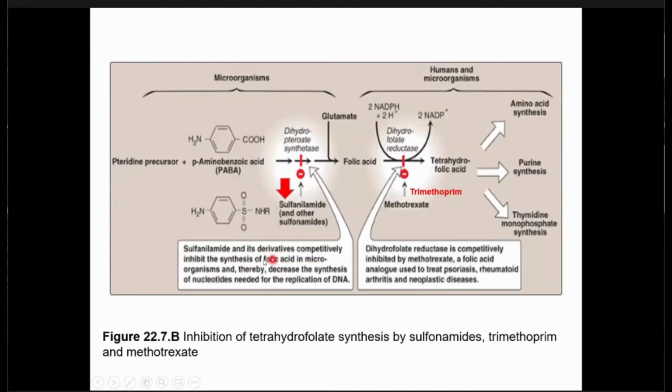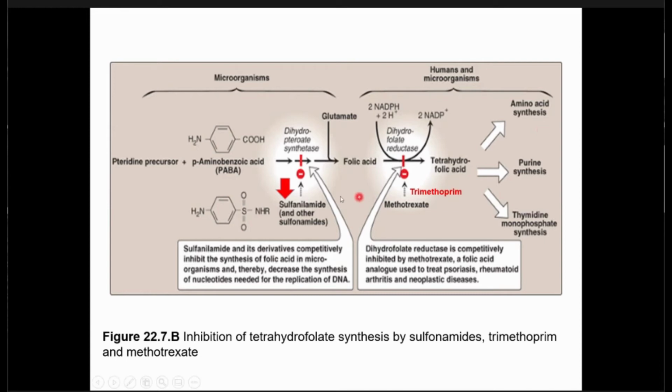So basically, if you want the details, this is how the sulfonamide will act to kill the bacteria, and trimethoprim and methotrexate inhibit the dihydrofolate reductase to inhibit the DNA synthesis. As far as the medication is concerned, you have to be aware of 2 things.